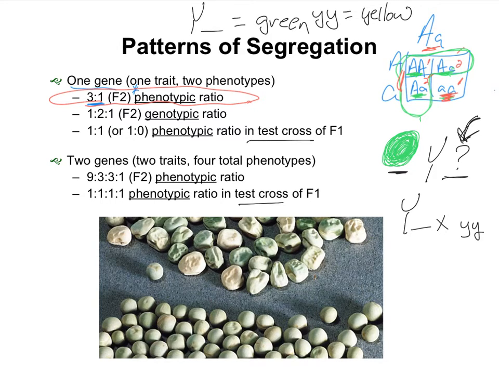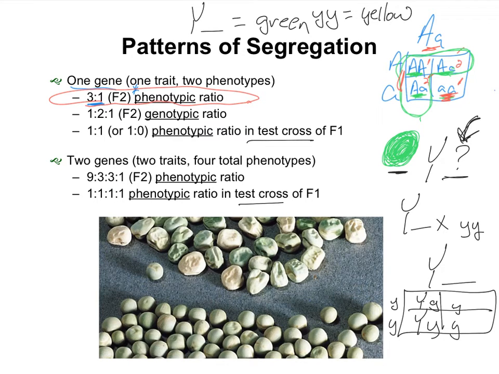Well, if we have big Y blank and we have little y, we would expect that for sure half of them are going to be green, right? Because you're always going to have that big Y. But then the other half, we're not sure.